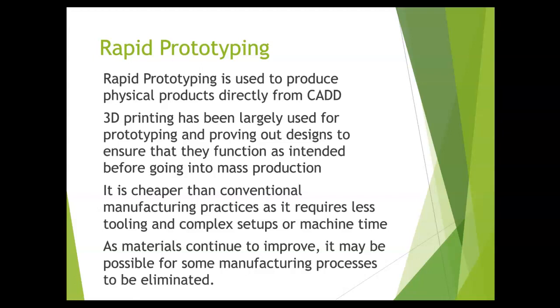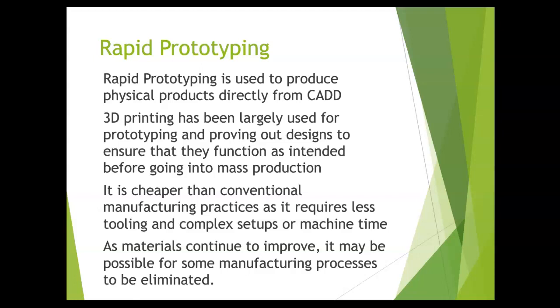It is largely used for prototyping and proving out those designs, making sure that all the parts come together for fit, form, and function, and that they do function as intended before we actually go into mass production on those.